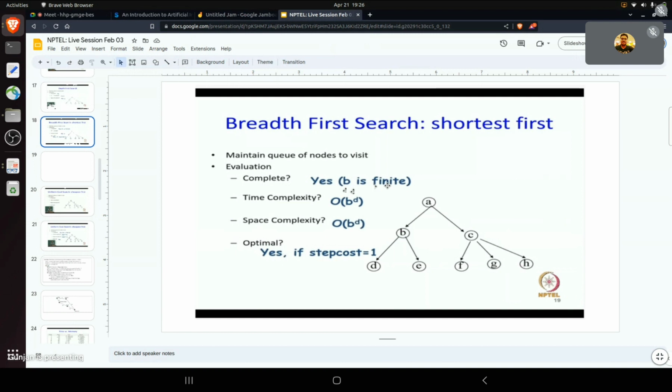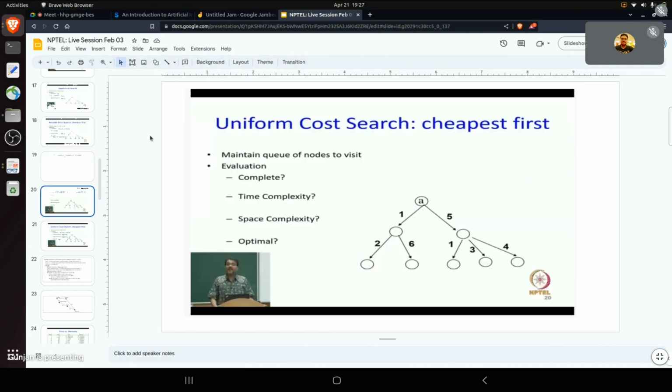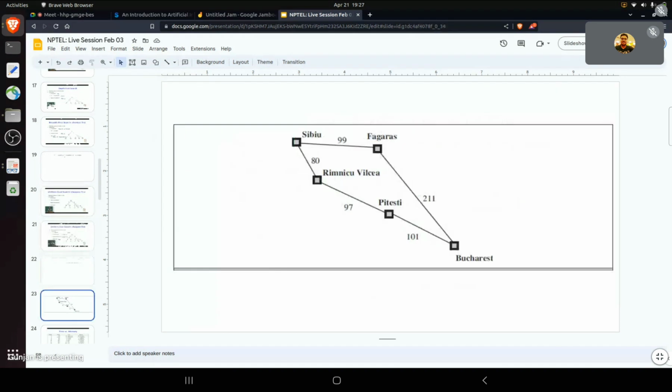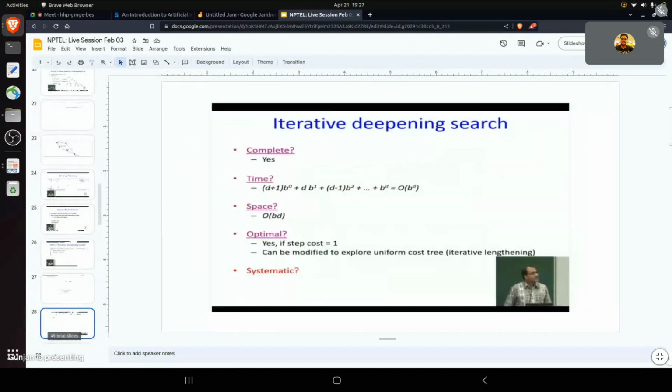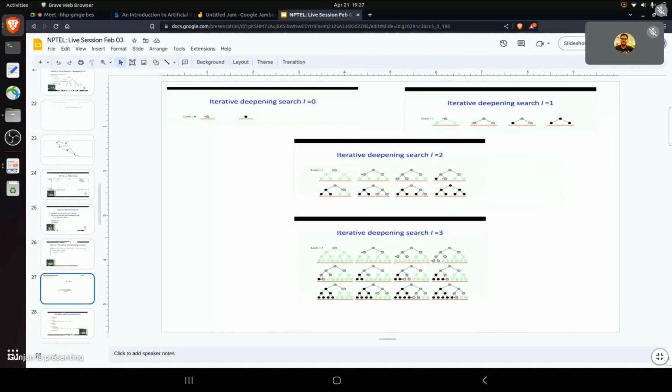Given that your fan out is not too high, like you're not generating infinite children at every level, otherwise you will not be able to go to a goal state if it exists. And for random restart and those kind of algorithms, the intuition is that in one of the random restarts you might eventually generate the goal state as the initial state, and that's why those algorithms are asymptotically complete.